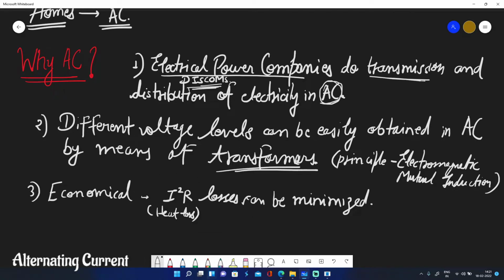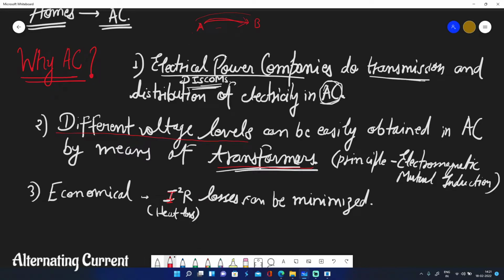Now let us understand what I am talking about. Second point, different voltage levels can be easily obtained in AC by means of a transformer. This step is necessary because of the third. See, I squared R losses. One way to minimize these losses is to change voltage levels when we transfer power from place A to place B. First the power is generated at plants, then transmitted over long distances, then distributed to you.